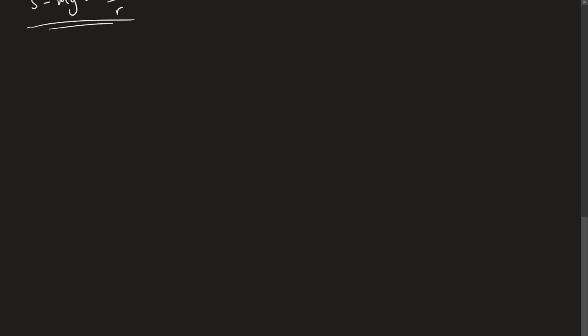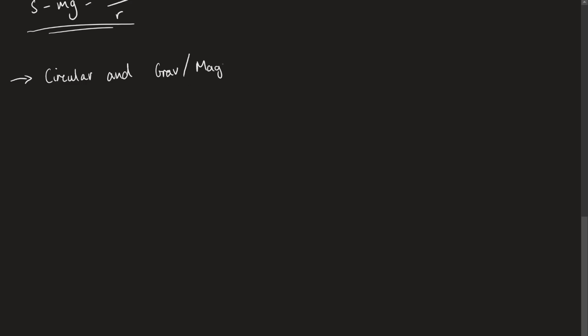Now I will say, just before this video ends, that there is a strong link between circular motion and gravitational and magnetic fields, since this will be in both of them.